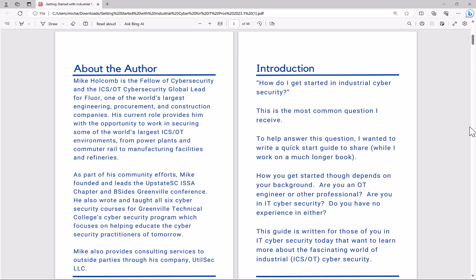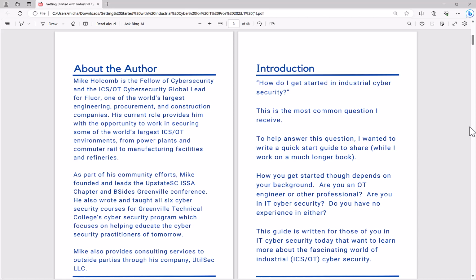We just call it industrial controls, control systems, but not a lot of people know necessarily what control systems means, so I just say ICS OT. So again, the idea is really putting this book together to help people get started with getting into cybersecurity for industrial controls.